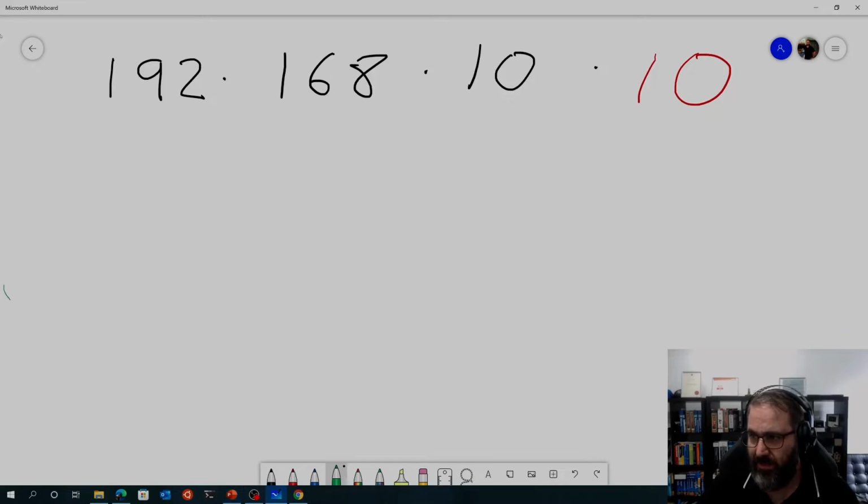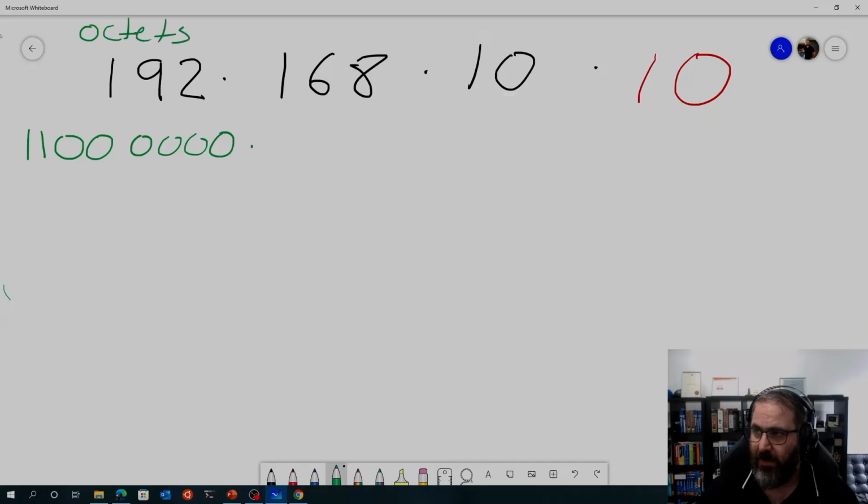Computers communicate in little ones and zeros. 1, 2, 3, 4, 5, 6, 7, 8. Now there are 4 octets. We call these octets, and there are 4 of them.